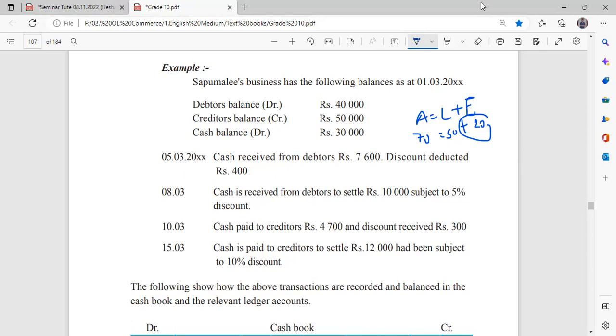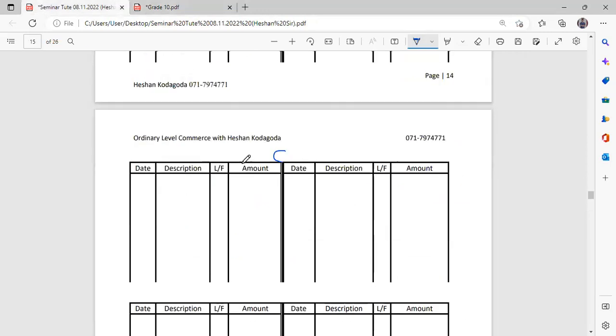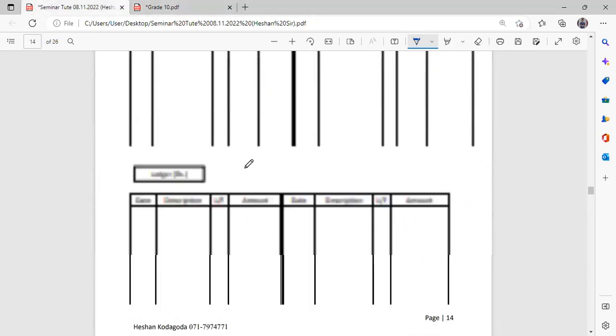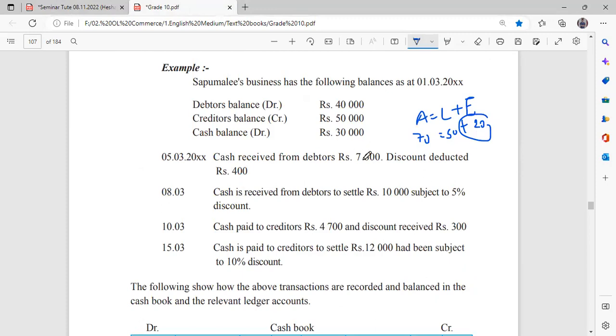Now these are the transactions you need to record. Received cash from debtors 7,600, cash discount deducted 400. You don't need to do calculations, because we know we received 7,600, which is for 8,000 worth of debtor amount.